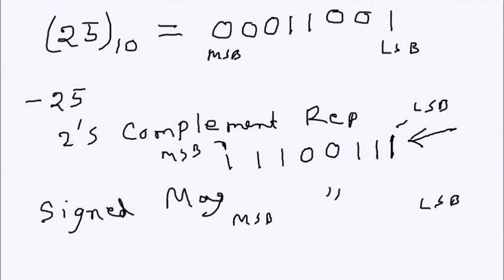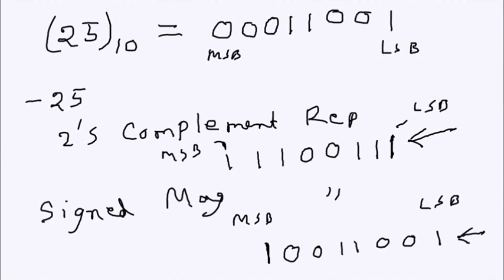So to represent negative 25 in sign magnitude representation, we just write the 7 bits as they are, but the MSB, the most significant bit, since this is a negative number, will be 1.